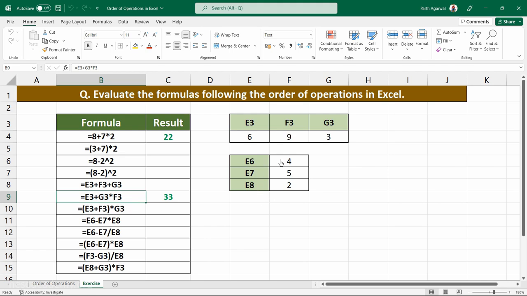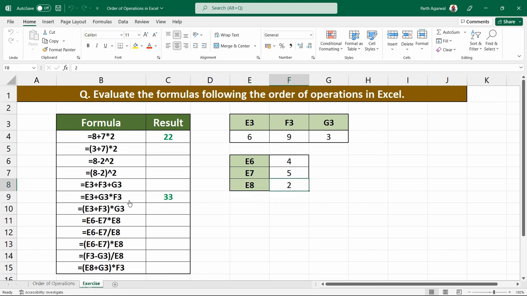Have a look. The value of E3 is 6. The value of F3 is 9. The value of G3 is 3. Now come down to the cell E6. The value of E6 is 4. E7 is 5. And E8 is 2.